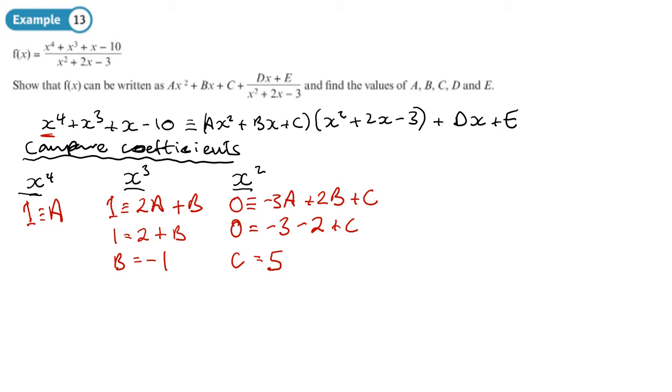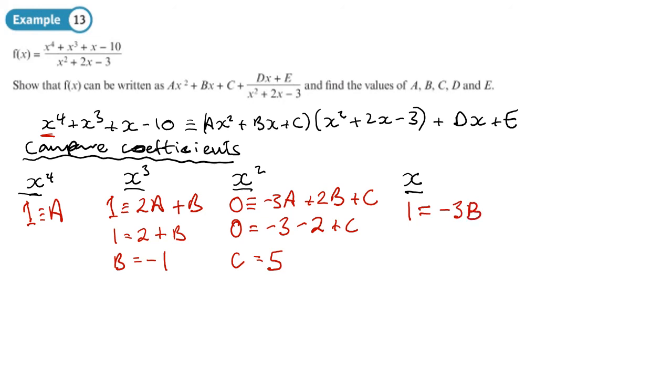Now if you look at d and e, d has only got x in front of it, so let's compare the x terms now. The x term on the left hand side is just 1. On the right hand side, in terms of x terms, that bx times by minus 3 would give me minus 3bx.